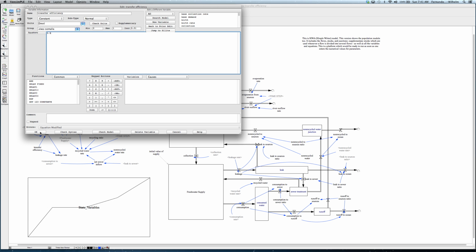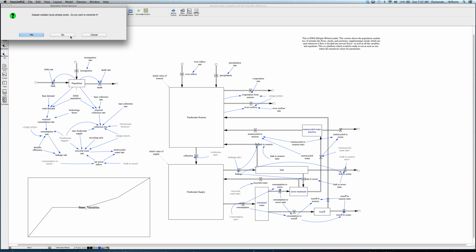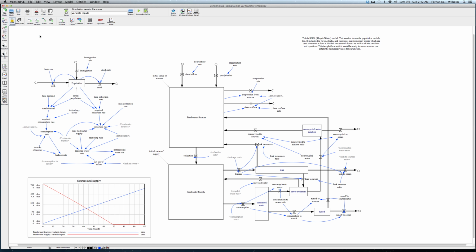But a lot of countries have like 50%, so that means that half of the water is leaked. If you do that and rerun it, and we'll overwrite this again, you can see now the situation has gotten a lot worse, where your sources are not able to catch up. And it happens very, very quickly within a few years.